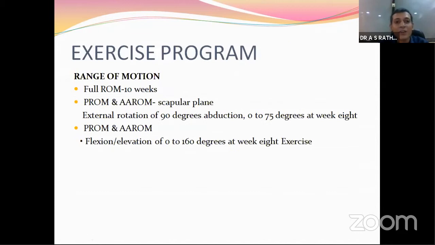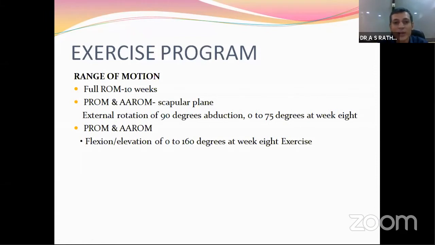Here our range of motion goals are quite increased, and by 10 weeks, what we are doing in our practice, we are increasing range up to the maximal, that is maybe a full range of motion. All the exercises we are doing in the scapular plane at this stage.